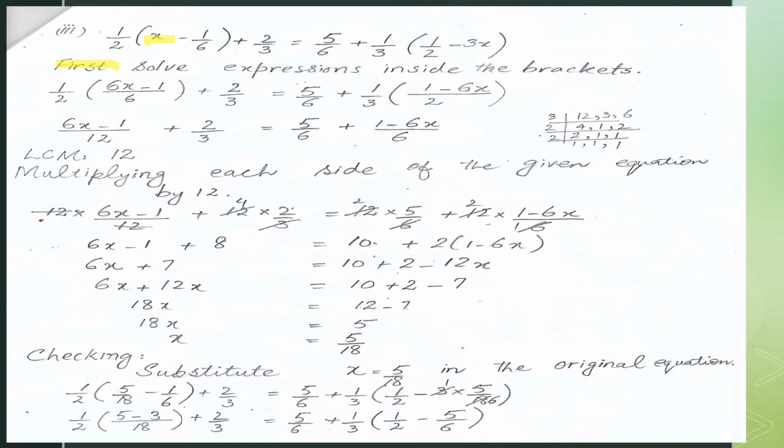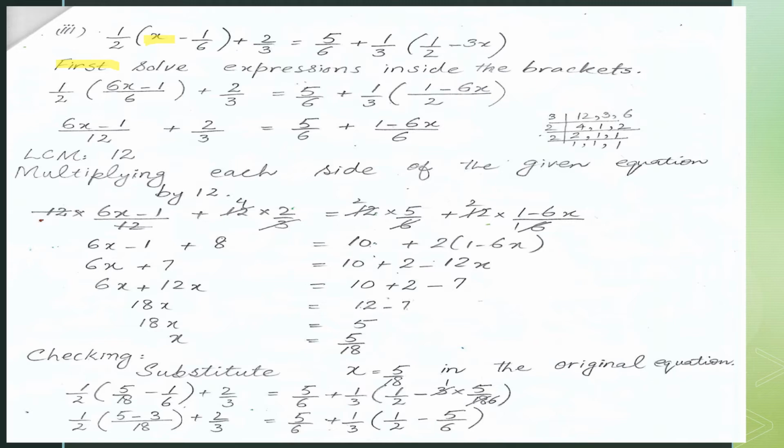Because the first one in the parenthesis is x, and x is without any denominator. If there is no denominator, it is already understood that there is 1. So take 1 and 6, get the LCM, it will be 6. Now divide 6 by 1, you get 6.